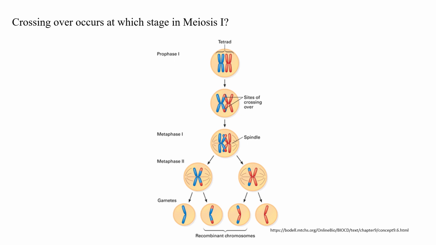It takes place by breakage and reunion of these chromatid segments. As you can see here, in prophase 1, there is crossing over or recombination happening. This occurs during the Pachytene stage of prophase 1 in meiosis 1.